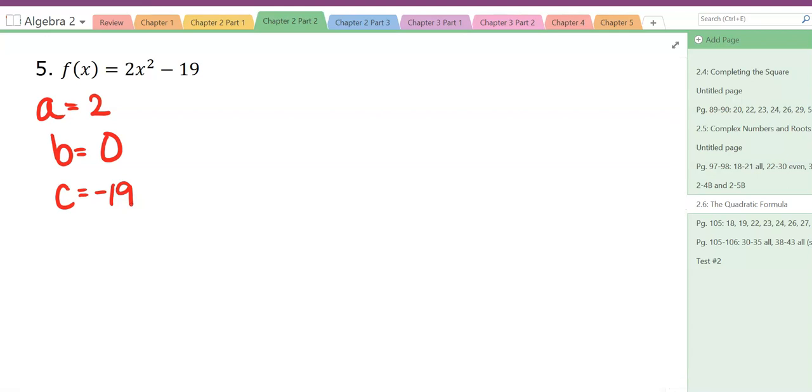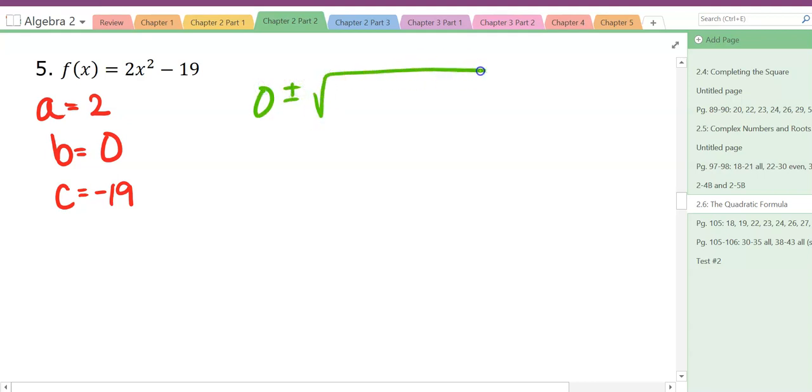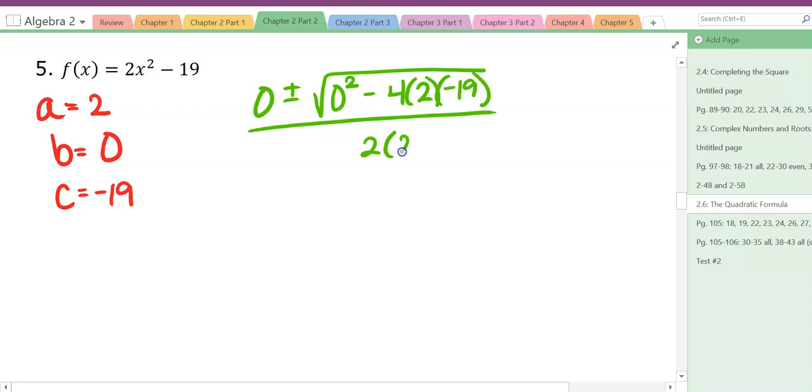So when I use my equation, I do opposite of B, which would be negative 0, which isn't a thing. So it's just 0 plus or minus. Under the square root, we have b squared, so 0 squared, minus 4 times ac, so 4 times 2 times negative 19, all over 2 times a, 2 times 2.